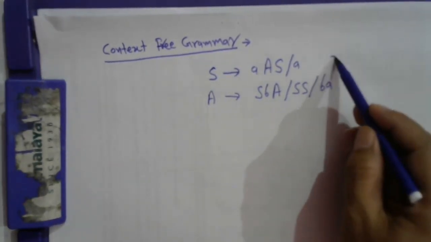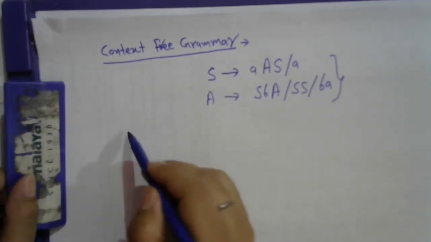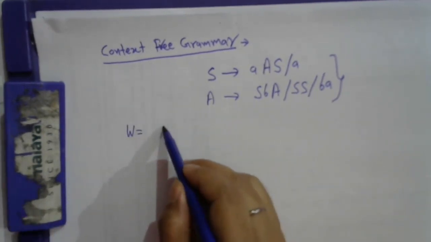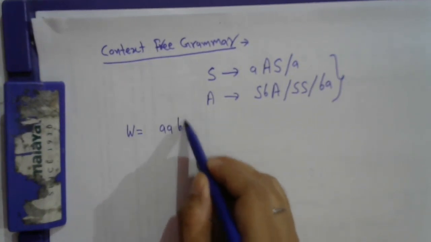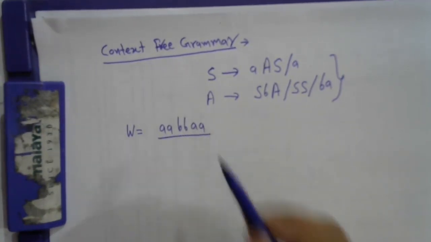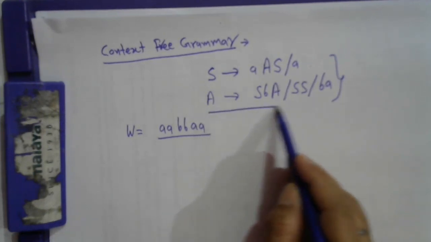Suppose this is a context-free grammar, and suppose you want to generate the string W in the form aa, bb, and aa. Suppose this is the string W which you want to derive from this grammar, the CFG.